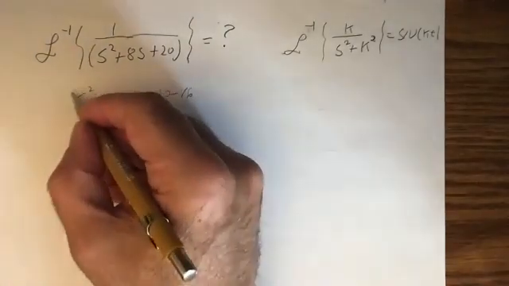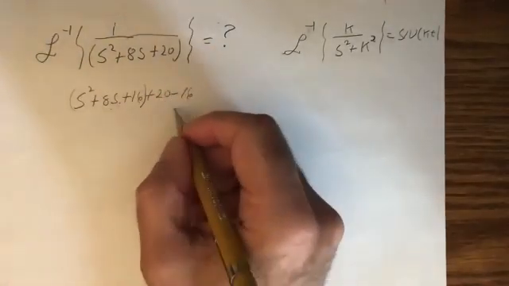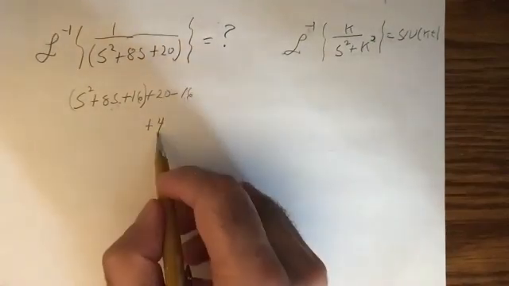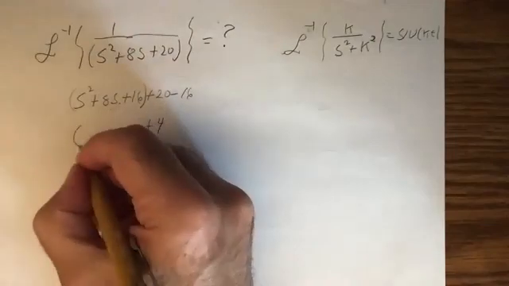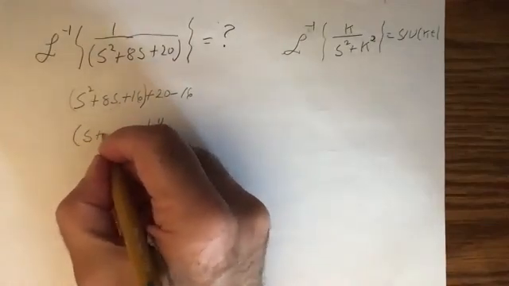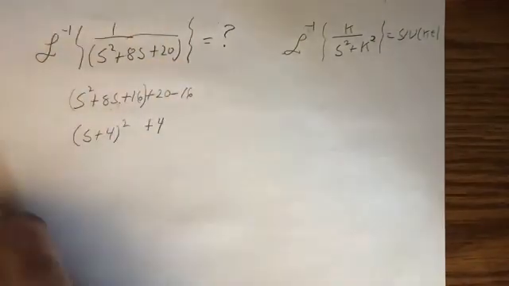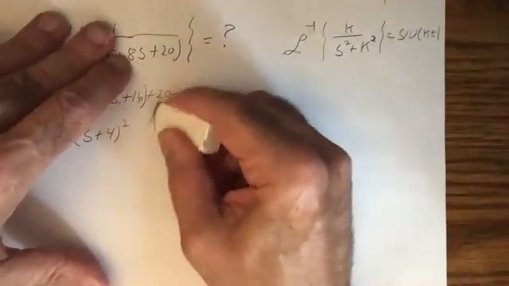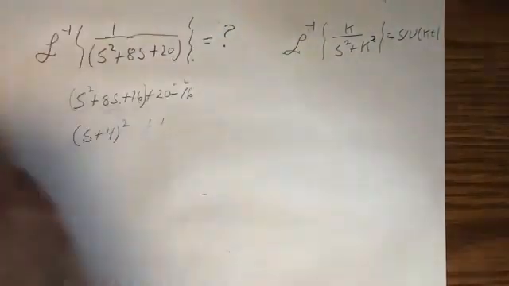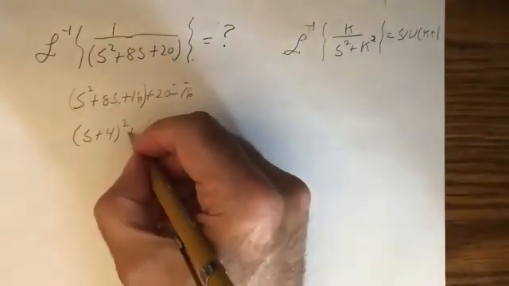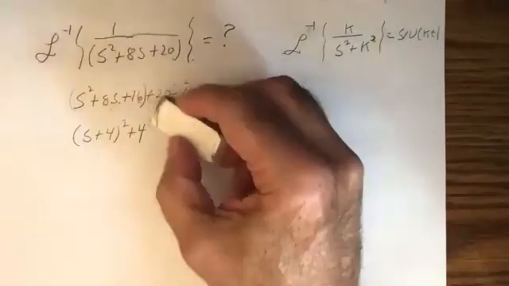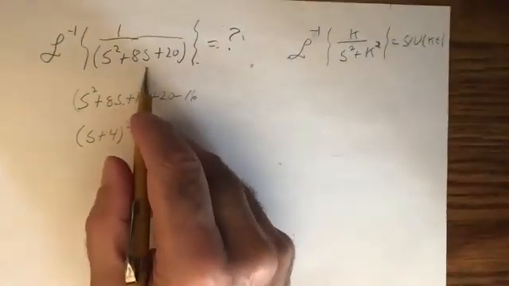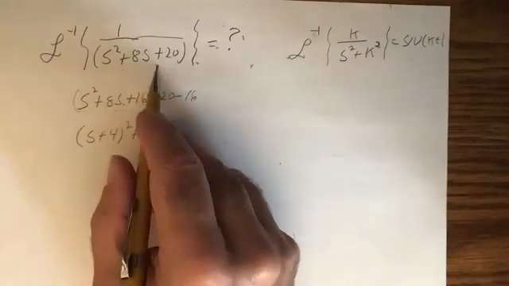Now this is a perfect square. And what I got here is just 4, because 20 minus 16 is 4. Now this here is a perfect square. This is going to be s plus 4 squared. So in the bottom, I rewrote this to make it a perfect square.